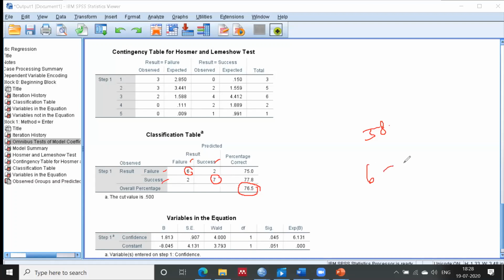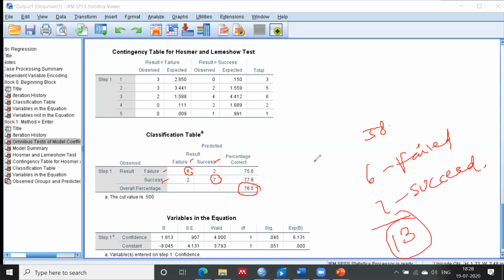That 6 students failed and 7 succeeded, right? My total number of students is 17, if you remember. Total responses were 17. What does it mean? I was wrong to interpret the result for 4 students.